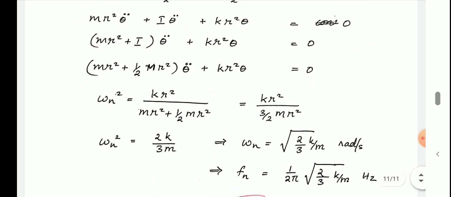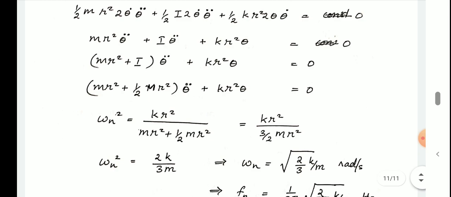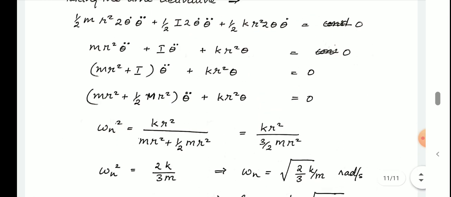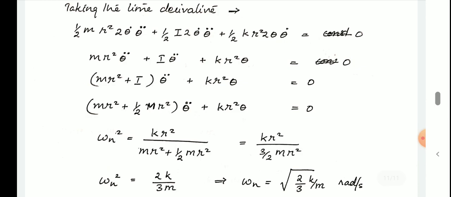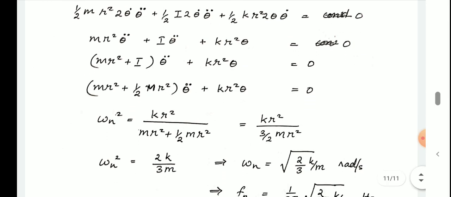Now, from this equation, let us write down omega n square is equal to k r square by m r square plus half into M r square. How have we arrived at that particular value? Comparing that last equation with the standard equation of what? m x double dot plus k x equal to 0.